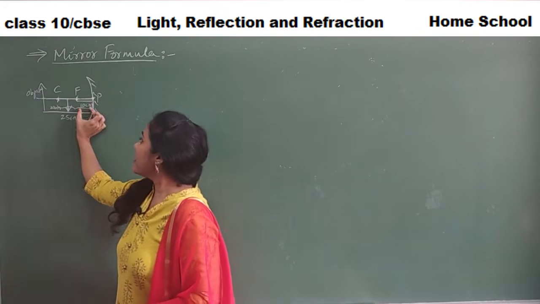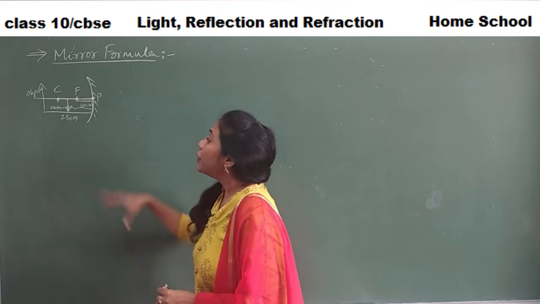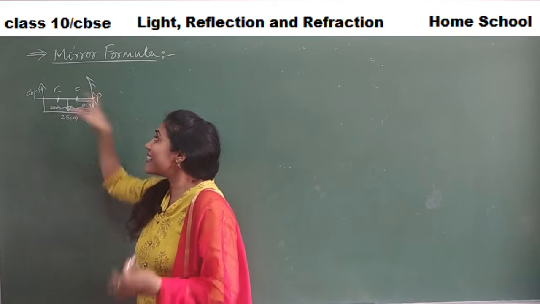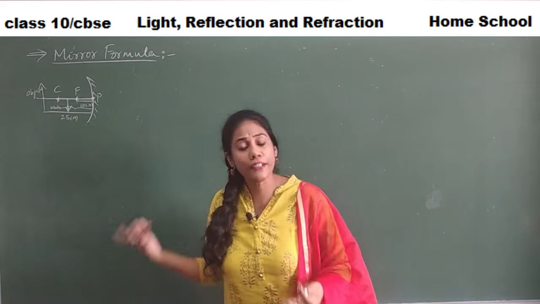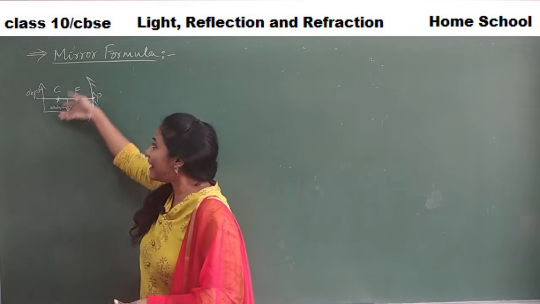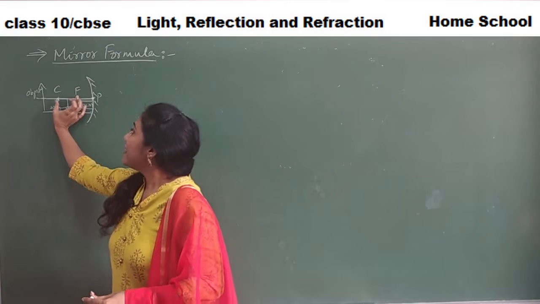If focal length is 10 centimeters, this distance is definitely 20 centimeters. So your value is definitely between 10 and 20. But what exactly is the value? Is it 15 centimeters? Is it 14 centimeters? Exactly where are you getting your image? That I want. I don't just want that the image is between C and F.